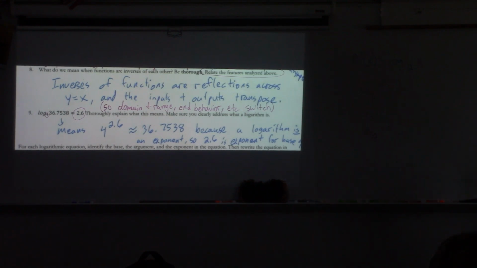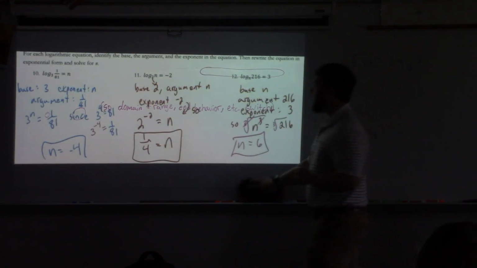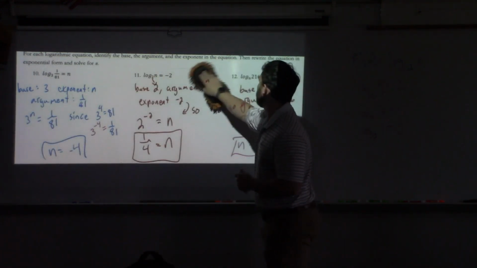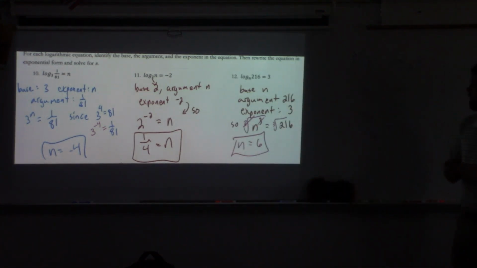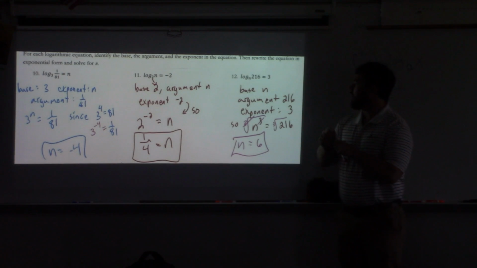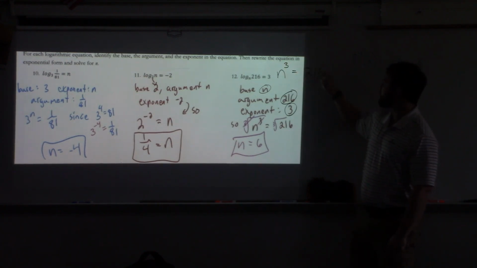All right, last 3. So I identified the base each time, I identified the exponent each time, and then I solved for n. Can you do the last one? Okay, we can talk about the last one. What's the base? It's n, the argument is 216, the exponent is 3. So base n to that exponent is equal to 216.